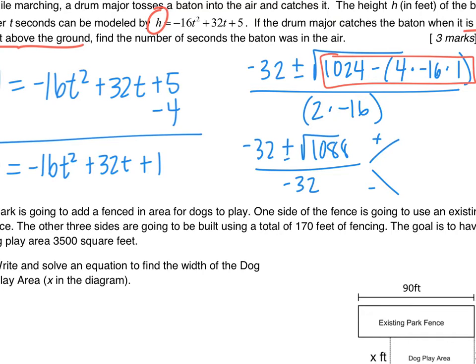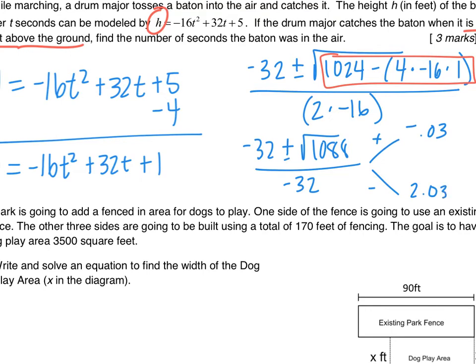So negative 32 plus the square root of 1088 divided by negative 32. For this one, I got negative 0.03. Negative 32 minus the square root, and then divided by negative 32, I got 2.03.